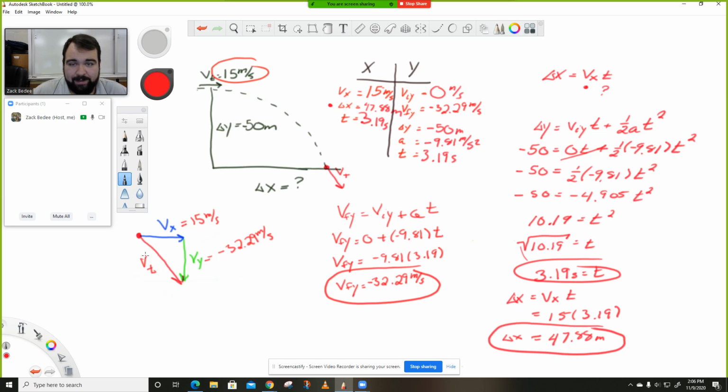We still need to figure out Vt, the total. Now this little triangle we have made out of the components of the velocity is a right triangle. So because of that, we have two sides, and we're looking for the hypotenuse. So V total would be Vt squared equals Vx squared plus Vy squared. So Vt squared equals 15 squared plus 32.29 squared.